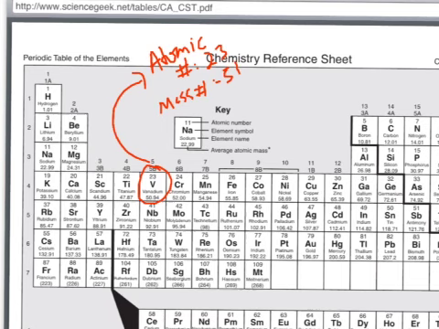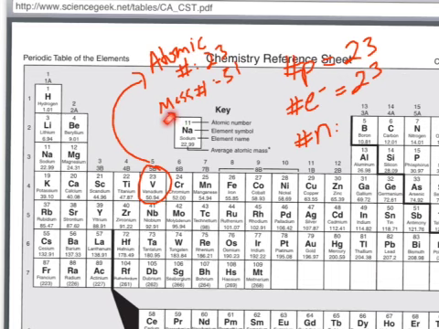Now from there, I can figure out everything else. If you remember back to our last sheets, the number of protons equaled the atomic number. So in this case, the number of protons is going to equal 23. The number of electrons was equal to the number of protons, so again, that will equal 23. And the number of neutrons is equal to the mass number minus the number of protons.